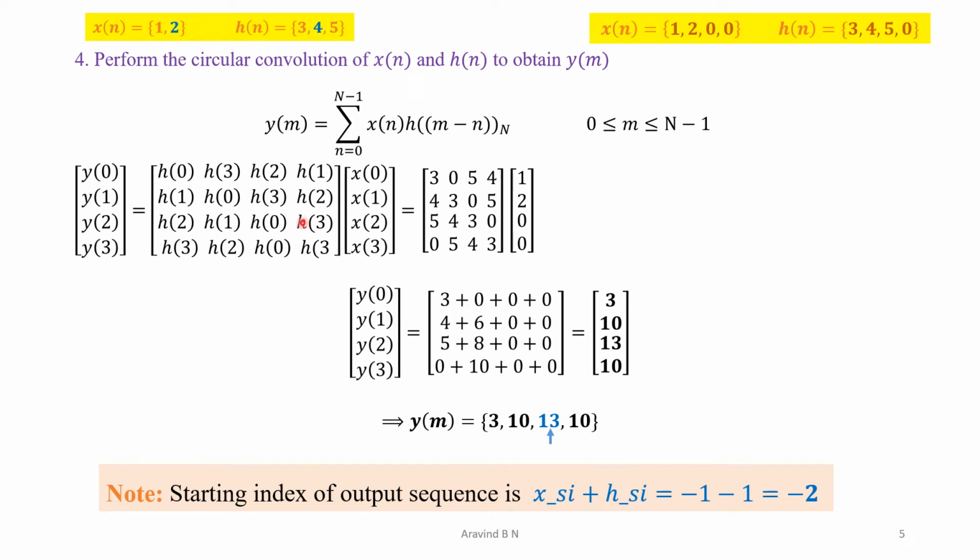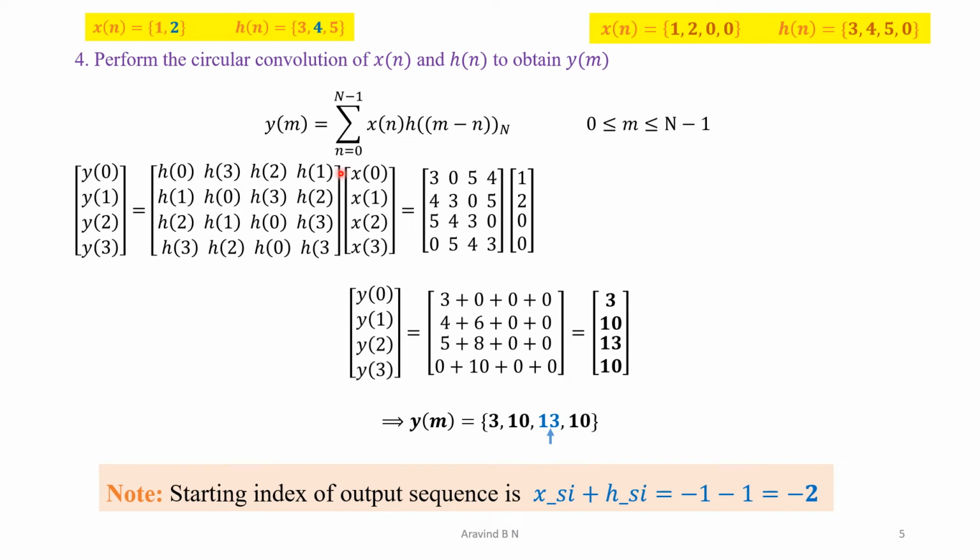The next step, perform the circular convolution of x of n and h of n to obtain y of m. In case of circular convolution, the sequence lengths of x of n and h of n must be the same. Therefore, we have managed the sequence length equal to capital letter N, which is equivalent to the output sequence length.